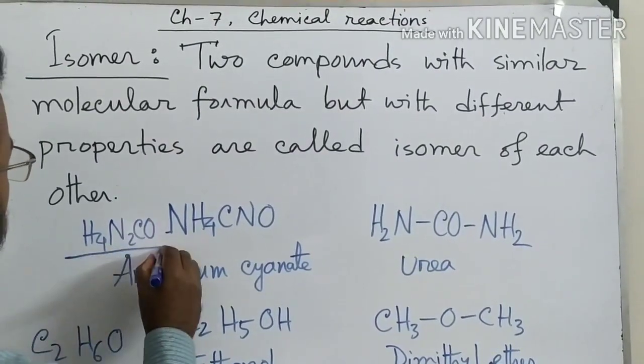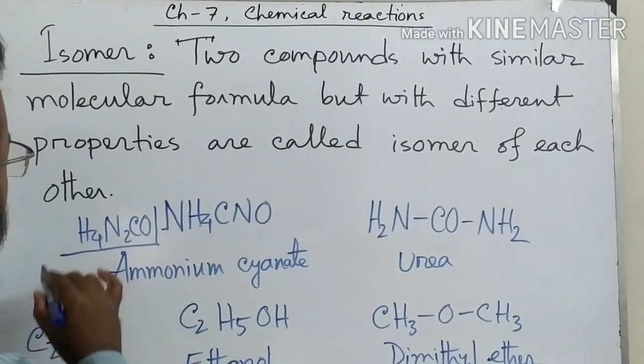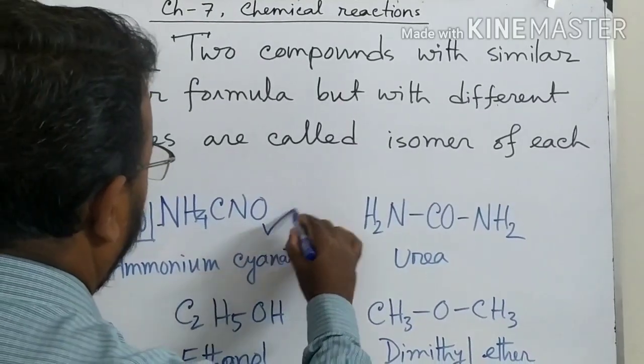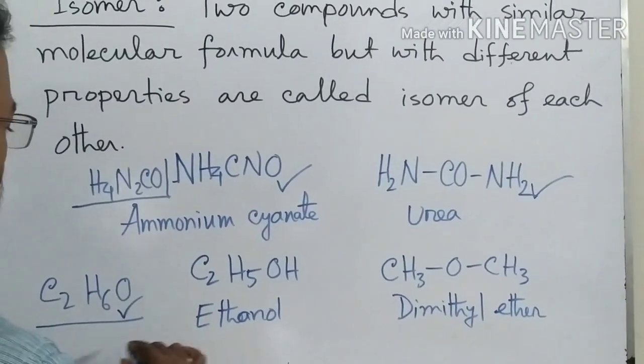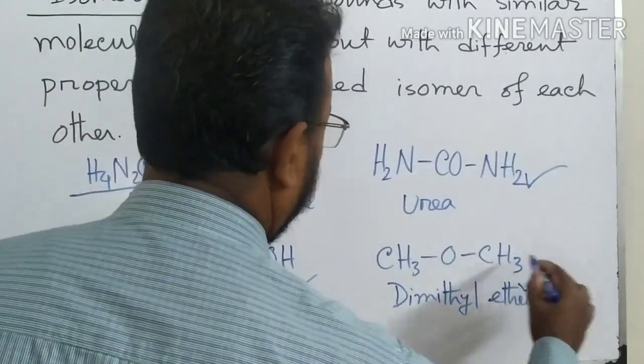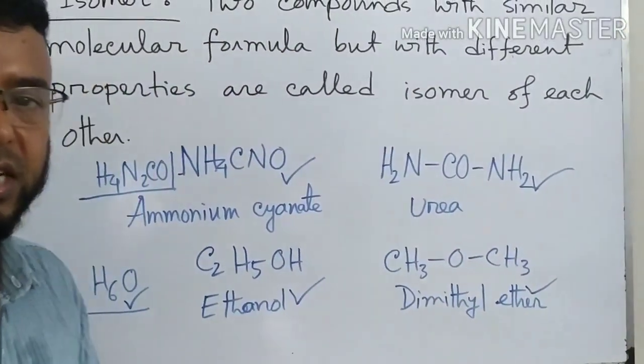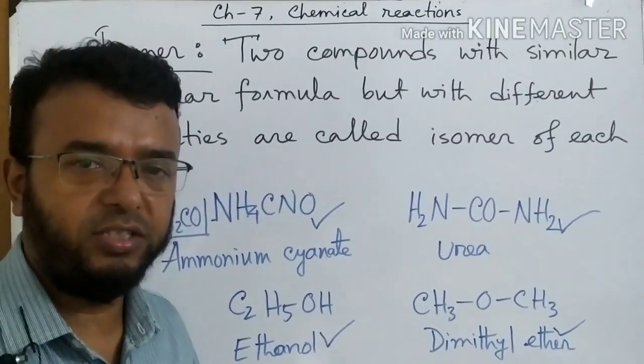So this is the molecular formula, but their properties, ammonium cyanate and urea, are different. And the molecular formula of ethanol and dimethyl ether is the same, but their properties are different. So this type of compounds are called isomers of each other.